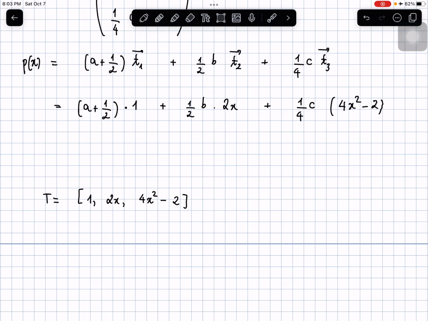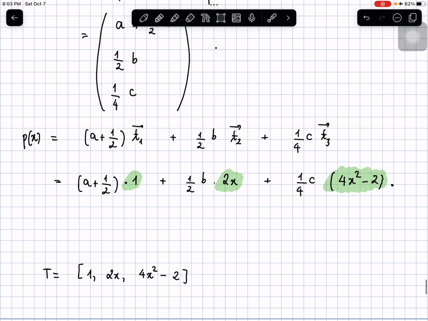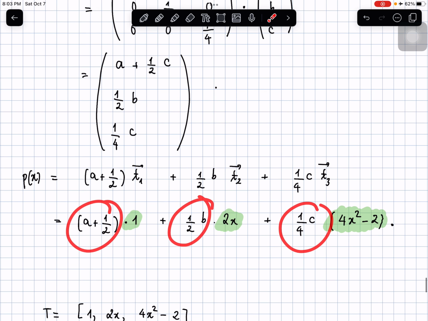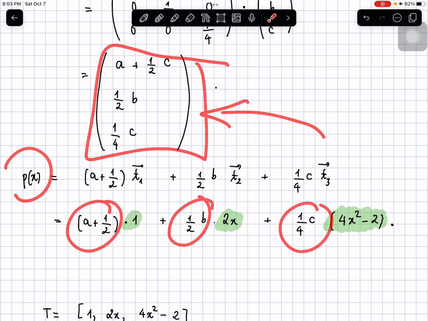So just to emphasize, these are vectors in the basis T, and these coefficients correspond to the coordinates of p(x) with respect to T.